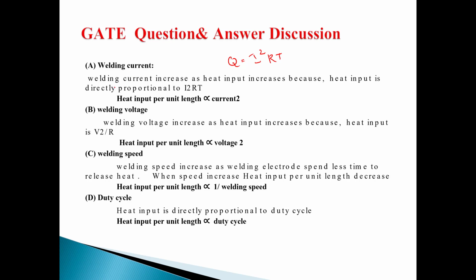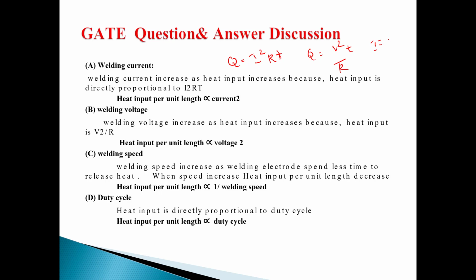So as welding current increases, the heat input increases, because heat input is directly proportional to the current, that is Q equals I squared RT. So heat input per unit length is proportional to current squared. As welding voltage increases, heat input increases because heat input is V squared by R, so this can be written as V squared by RT.